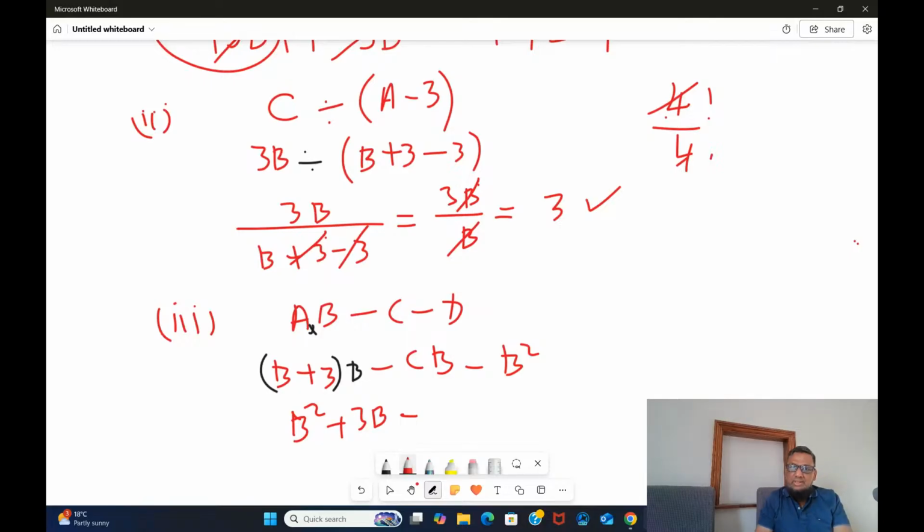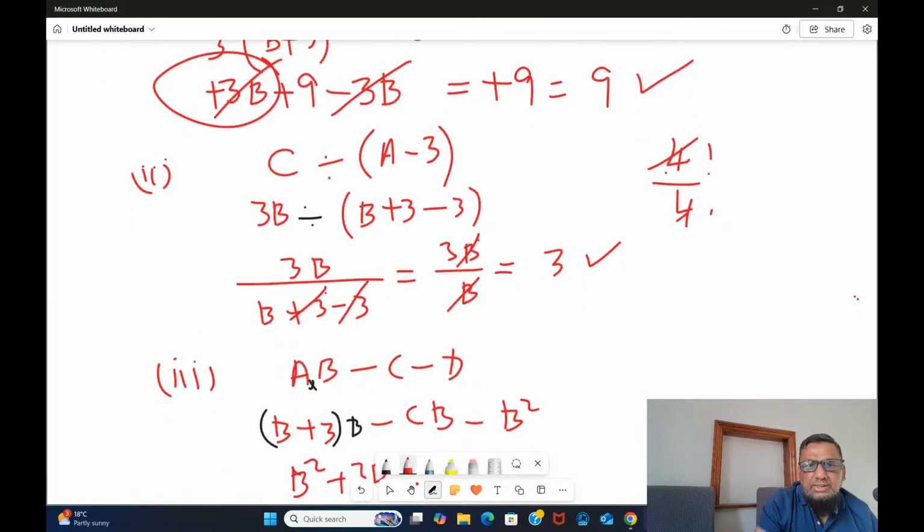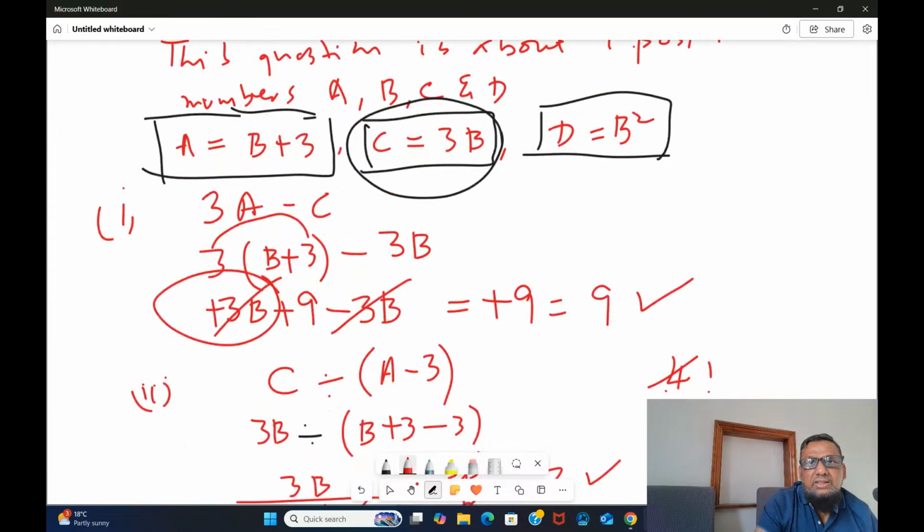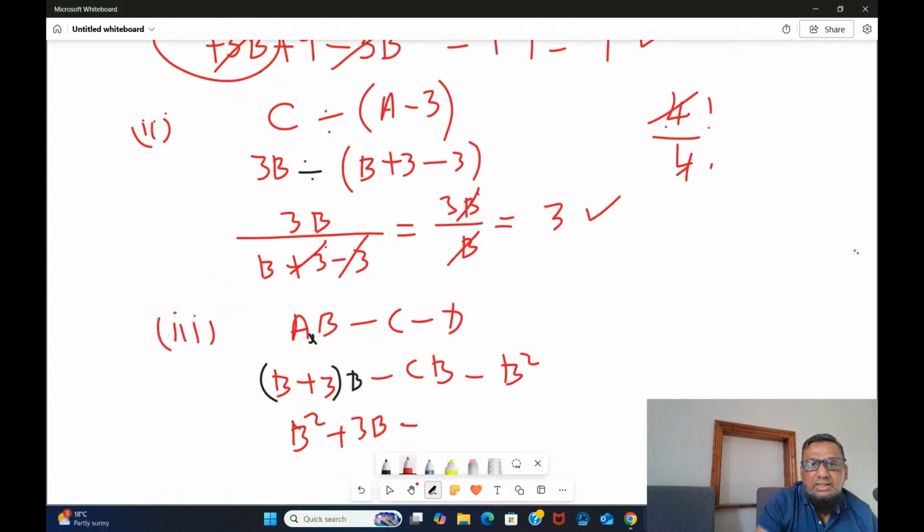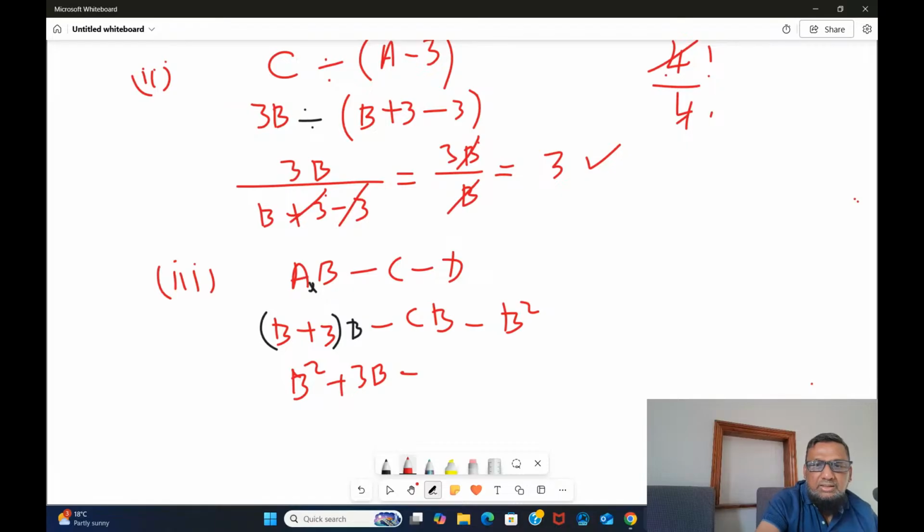minus, and the value of c is 3b. Just a second, here we made a mistake. Just do 3b. So now we can write here 3b, minus b squared.